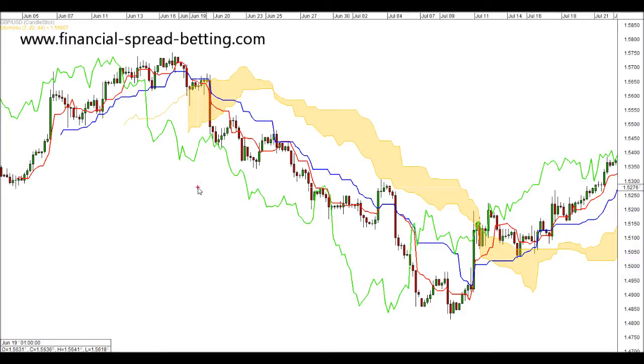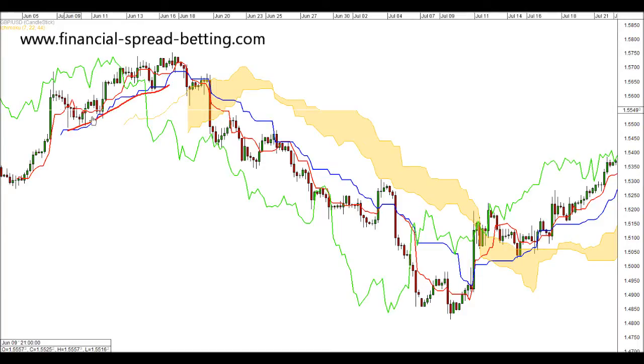So how do we use this first line, this blue line? Well, quite simply, if price is below this line, it can act as an indicator or a signal that price will continue to decline. If price is above this line, it can act as a signal or indicator that price is going to continue to climb. So we can see that price is above our baseline.